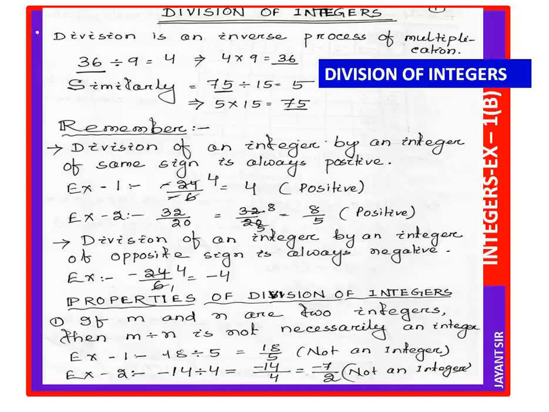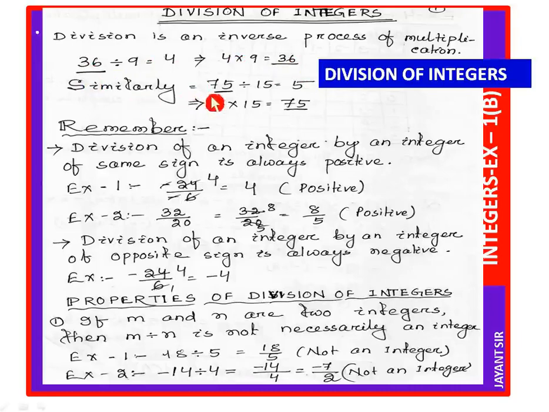Such an integer is 4. So this can be expressed as 36 divided by 9 equal to 4, which implies that 4 into 9 is also equal to 36. This is the inverse process of multiplication.